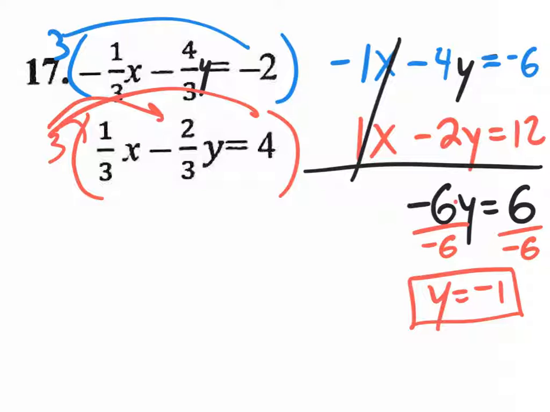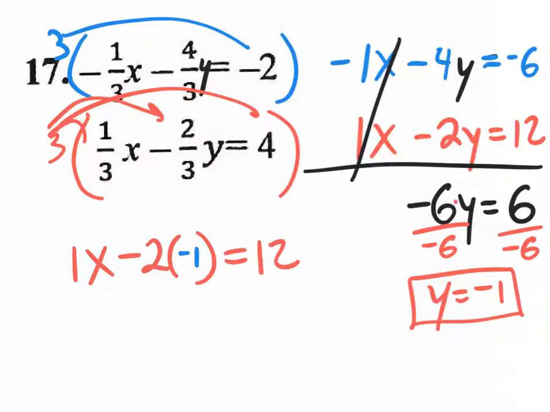If you need the other answer, all you have to do is plug it in. And if you don't want to deal with the fractions, go ahead and plug it into one of the modified equations that you did. So you can plug it into this bottom equation, the modified equation. That bottom equation is 1x minus 2y, but instead of y, we're putting a -1, equals 12.